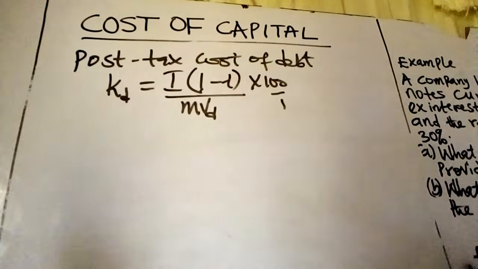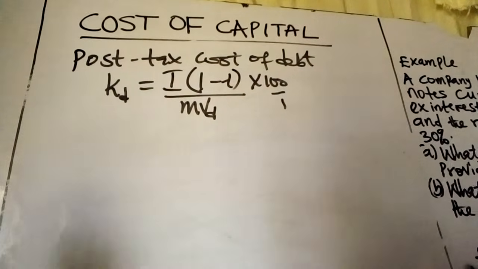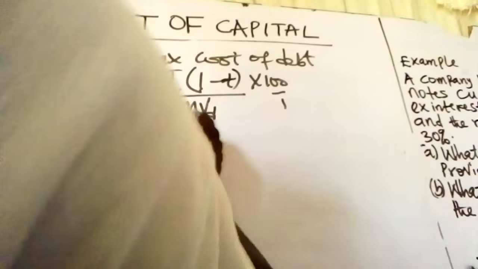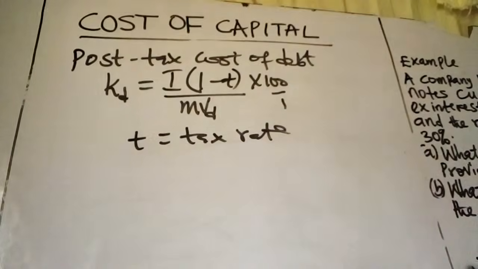That is the post-tax cost of debt. The two formulas I've given are for an irredeemable debt. The T stands for tax rate, that is the corporation tax rate.